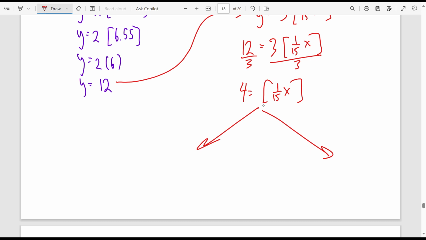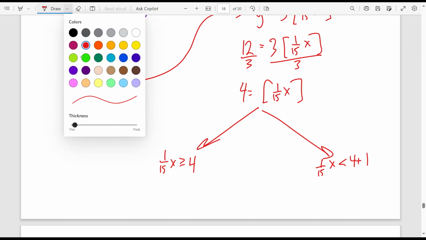I have brackets and then internally a b value and an x, could have an h in there as well, but there's nothing exterior. There's no a anymore. There's no k attached. And then I have a whole integer on this side, so no decimal. Meaning now I can split, and I will write 1/15 x is greater than or equal to 4 on this side, and I will write 1/15 x is less than 4 plus 1 on this side here.